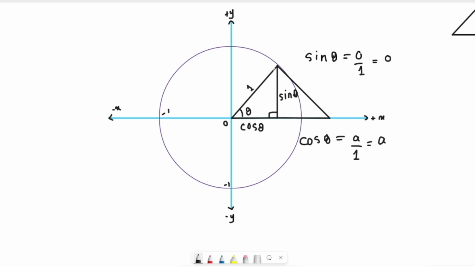And before I say anything else, I want you to know that this point that the hypotenuse is touching the circumference at is, since it's cosine of theta across and sine of theta up, it has the coordinates cosine of theta, comma, sine of theta, which is pretty neat.